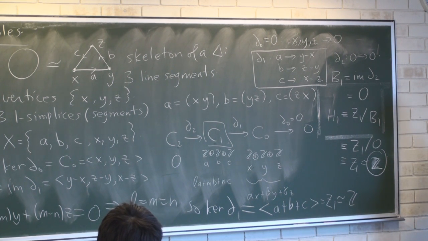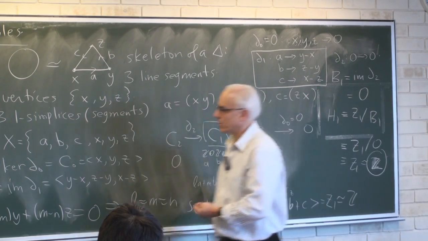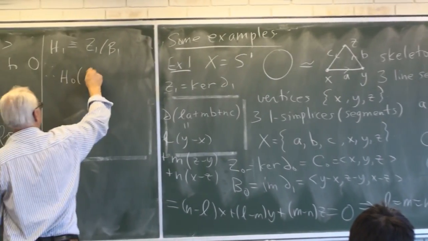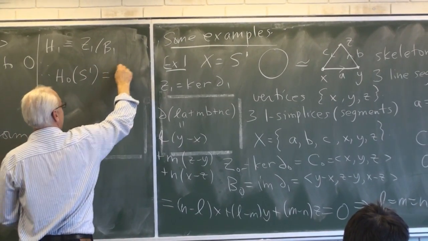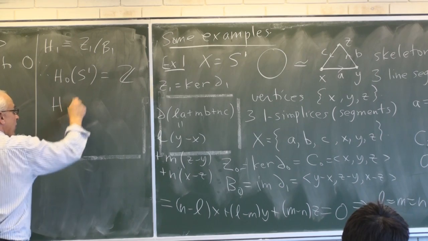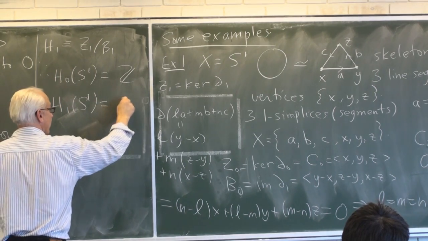So our conclusion is that H0 of the circle is the group Z, and H1 of the circle is the group Z.